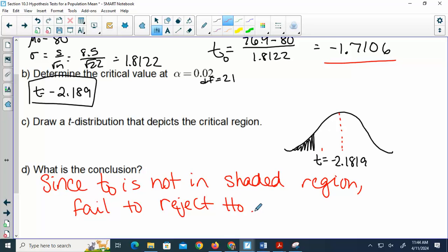There is not enough evidence to conclude that the mean is less than 80. So that's the classical approach. You find your test statistic, you look for the t for your sample. If it's in the shaded region, you reject. If it's not, you fail to reject. Any questions there?